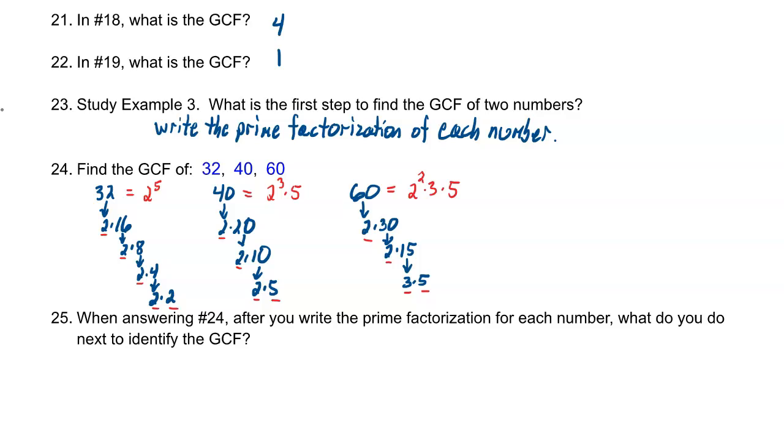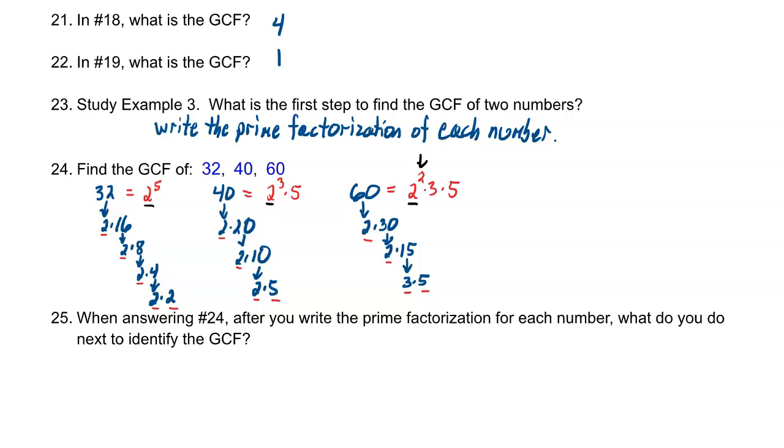Now the second step is to find the common factors and then use the lowest power of those common factors. The number 2 is a common factor. It appears in this list, and this list. What is the lowest power of the number 2 that appears in any of the lists?